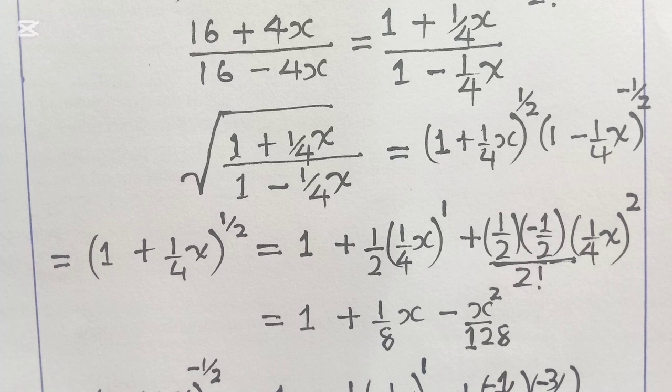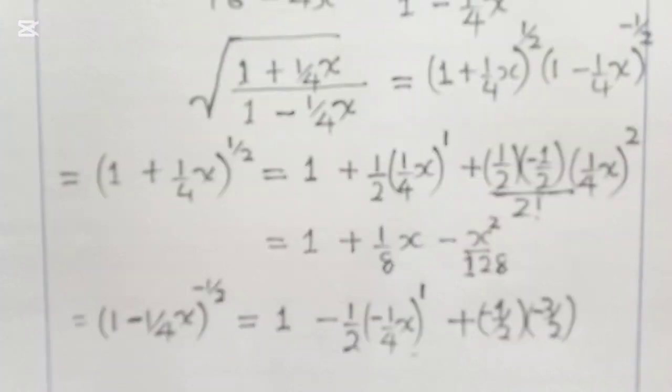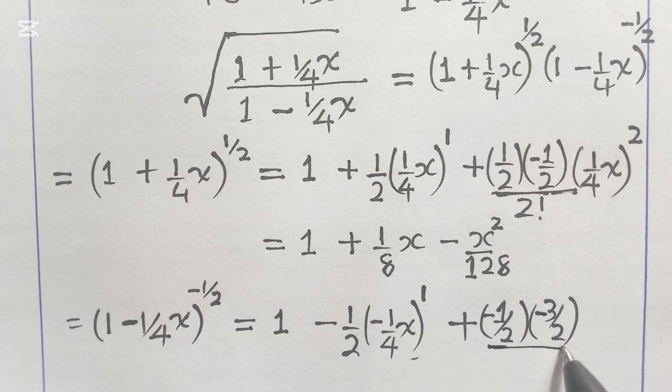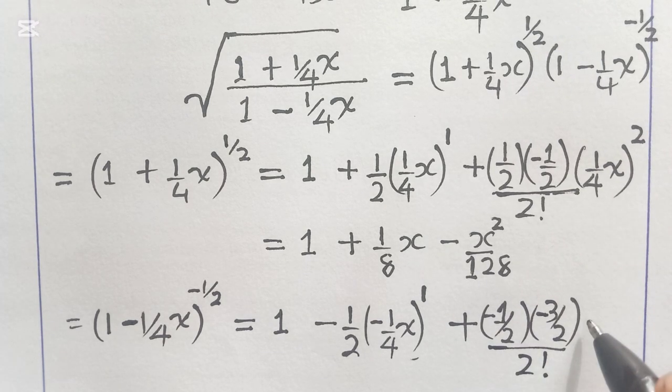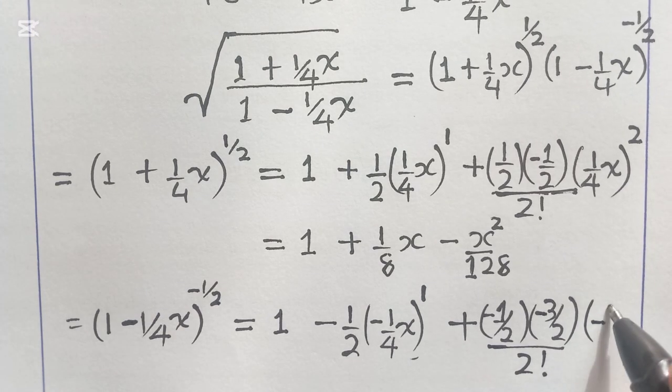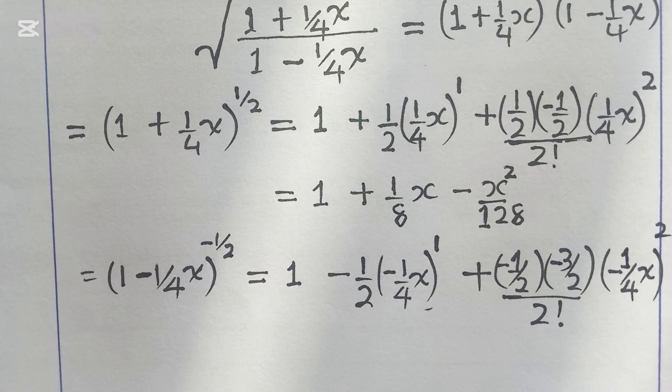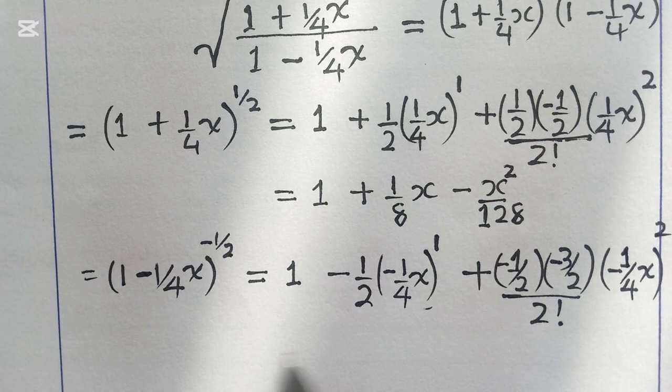That is n, negative 1 half minus 1 gives us negative 3 over 2. And then you say this is 2 factorial. And finally we have our b squared, which is negative 1 over 4x squared, like that.